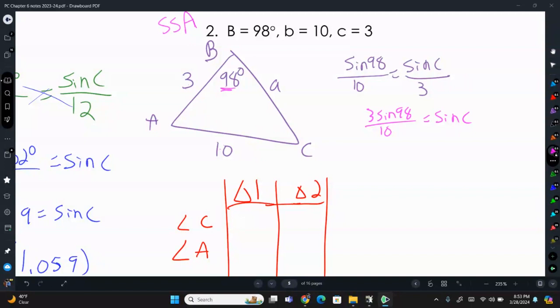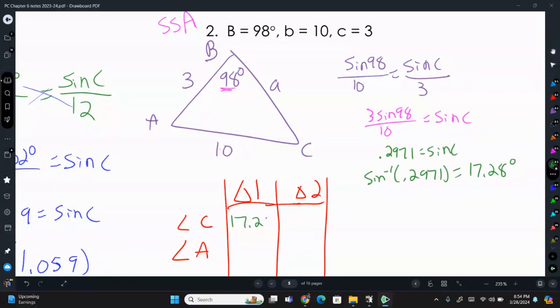So I type that into my calculator, and I get 0.2971. 0.2971 equals sine of C. So then the inverse sine of 0.2971 is 17.28 degrees.